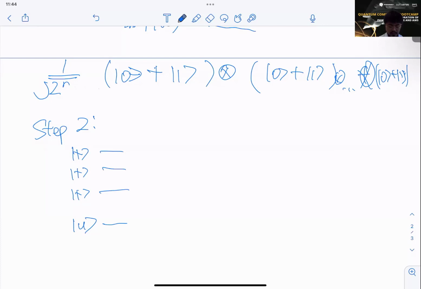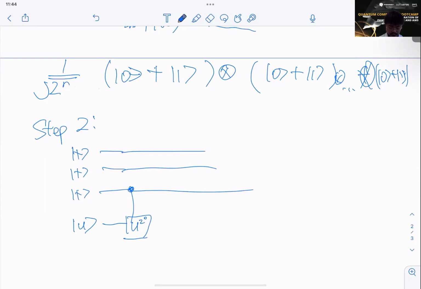Your second step is to first then do the control. This is U 2 to the power of 0. Then you do U to the power of 1.